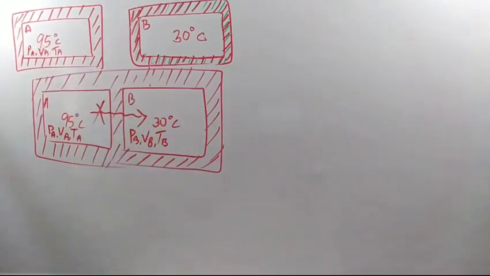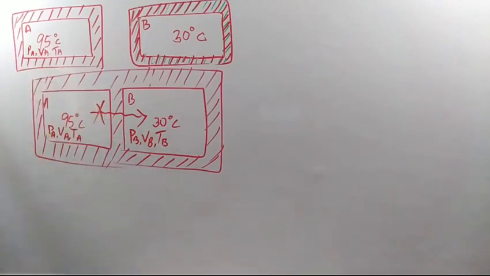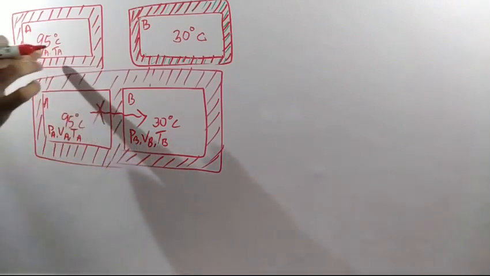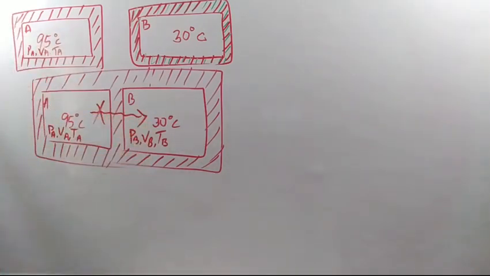After combining, also the same values PA, VA, TA. These are constant values. Clear? PA, VA, TA values are constant, which means system A is in thermal equilibrium. System A itself alone is in thermal equilibrium.